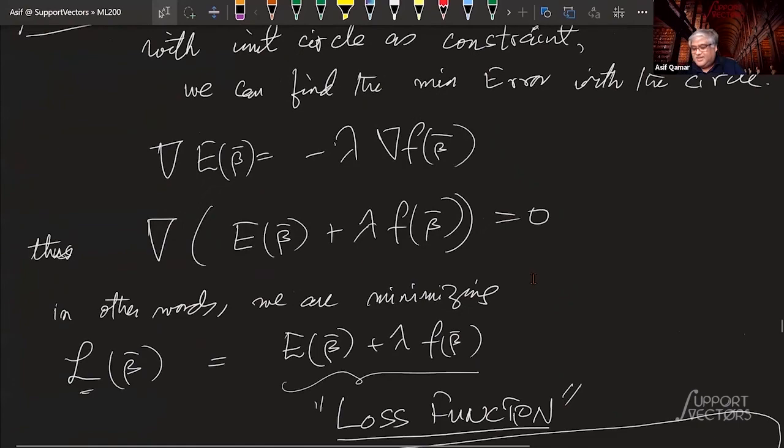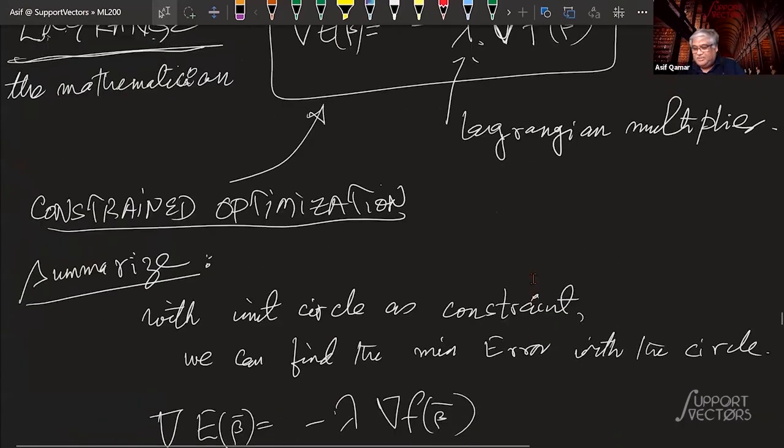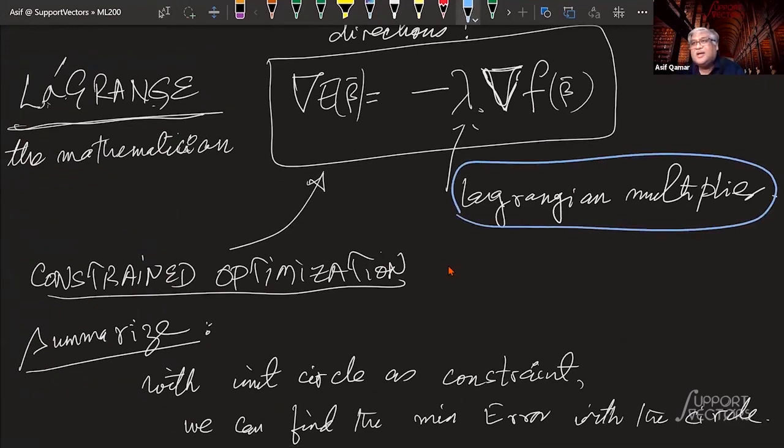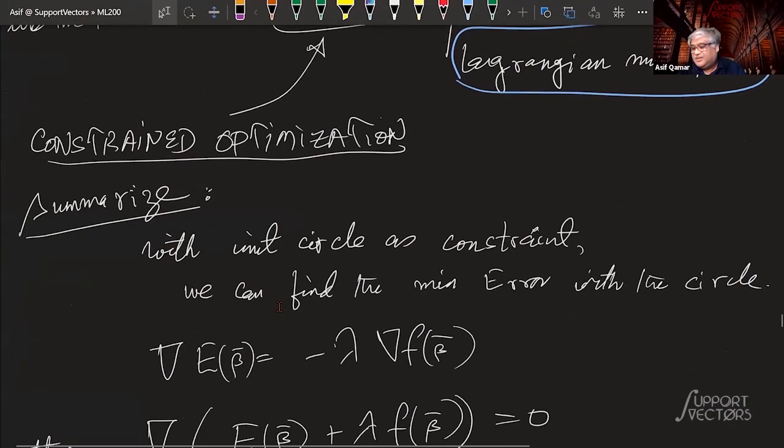And that is essentially the equation of Lagrange multipliers. This is called Lagrange multiplier. At some point in calculus, you must have learned this many, many years ago. Anybody remember learning this in calculus? But if not, well, today you learned something very important.